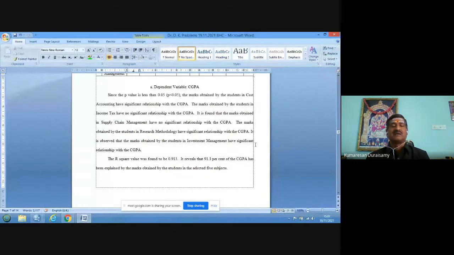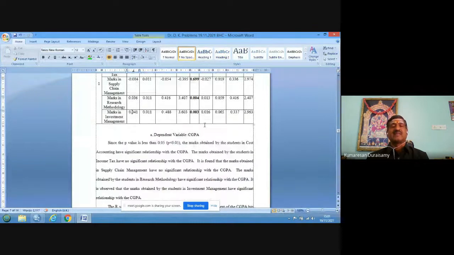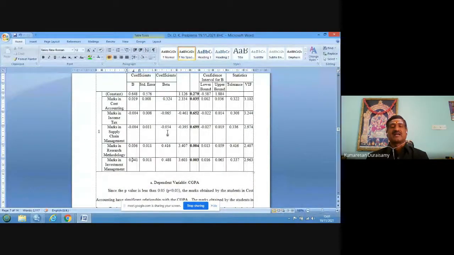That is what I have done. So the most significant influencing variable is investment management. Marks obtained by students in investment management have significant relationship with CGPA. That's all.